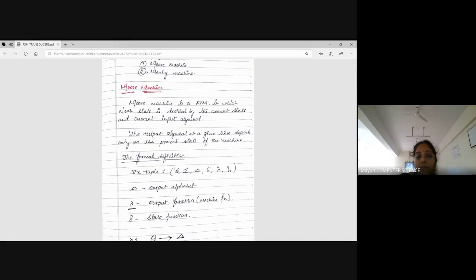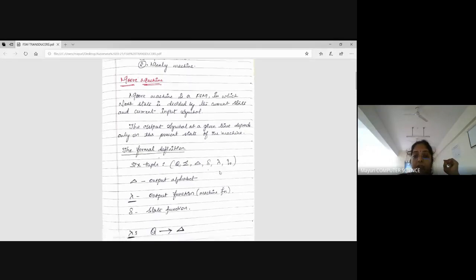As of now, we know about only the 5 tuple notation. Coming to transducers, we have 6 tuple notations. Q is the set of all finite states, then the set of all input alphabets, the transition function also you know, and Q naught, which is nothing but the initial state. The two different terminologies here are this triangular symbol and this lambda symbol.